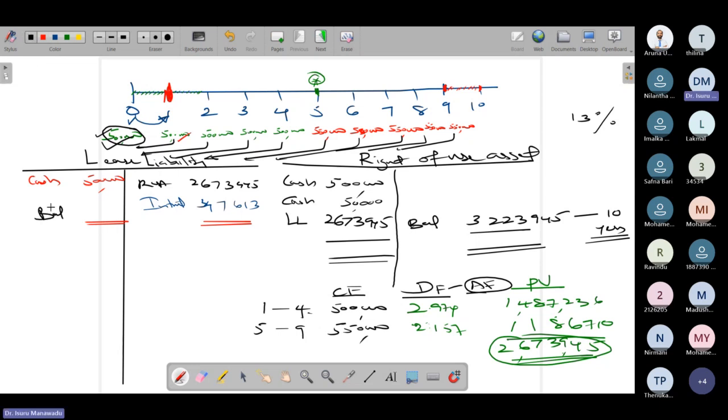Can anyone tell me the balance? $2,521,558. Did you get that answer?